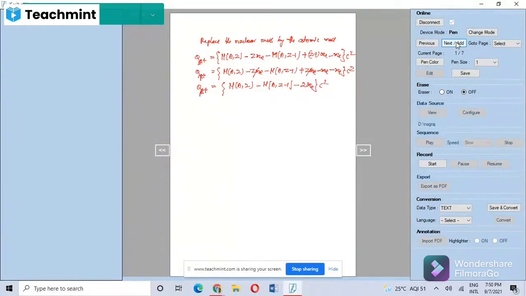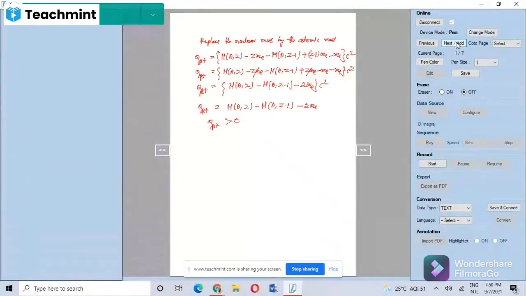After converting mass into energy, Q of beta plus decay is equal to M of A comma Z minus M of A comma Z minus 1 minus 2ME, and the condition for beta plus decay is Q greater than 0.